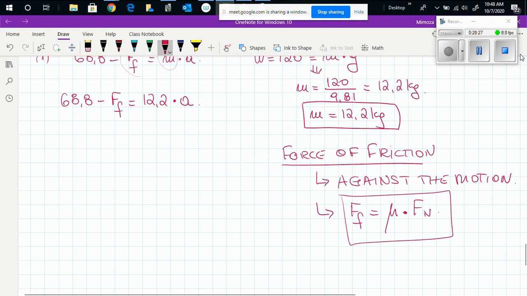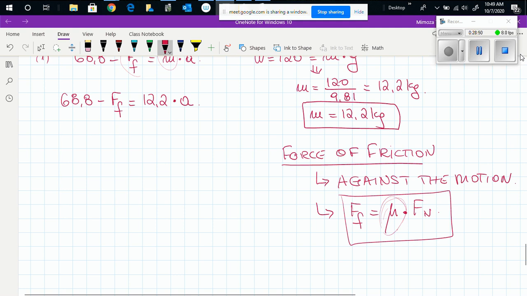The coefficient of friction is a coefficient, with no units, that is greater than 0 and less than 1. It never exceeds 1.